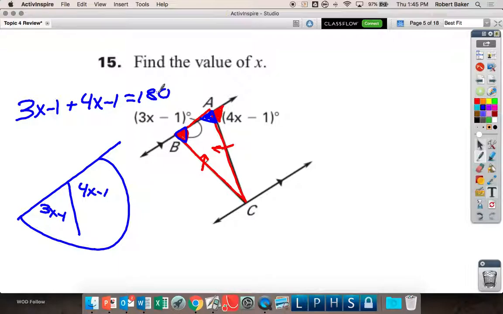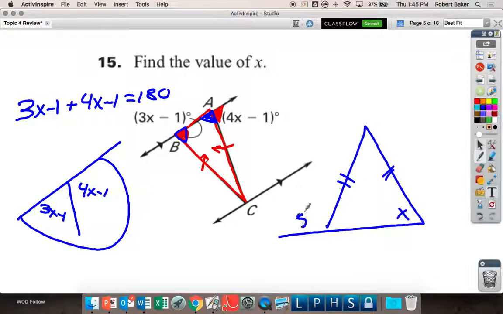That problem is significantly more difficult than your test because of the way it's represented. On your test, it looks like this. Is that easier to recognize? Yes. This is an isosceles triangle, so if this angle is x big, how big is this angle?